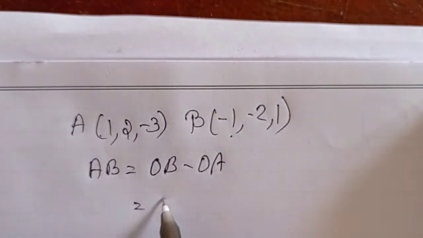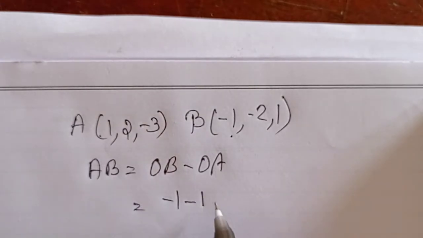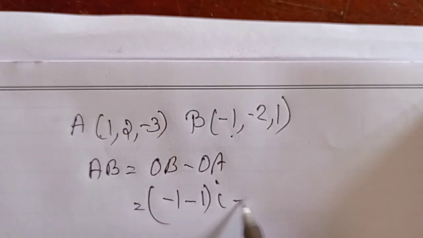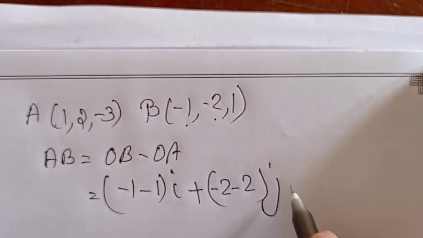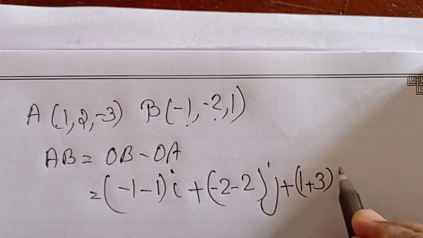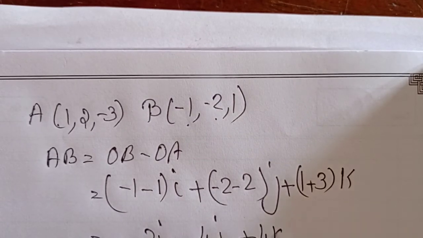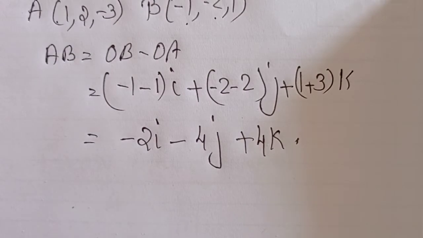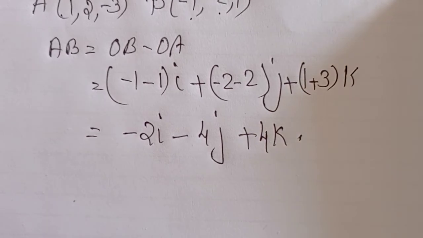Minus 1 minus 1 into i plus minus 2 minus 2 into j plus 1 minus minus 3, that means 1 plus 3, into k. Therefore, the AB vector is minus 2i minus 4j plus 4k. Check the answer.